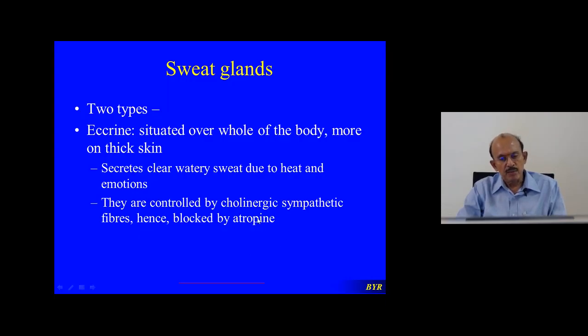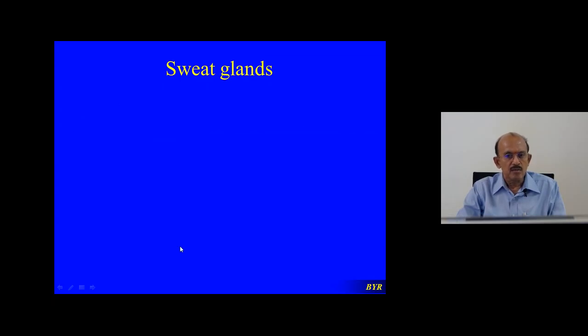For all the other sympathetic nerve fibers, there will be release of adrenaline and noradrenaline. But for the sweat glands, the sympathetic fibers liberate acetylcholine. That is, they are the cholinergic sympathetic fibers. Hence, they are blocked by atropine.